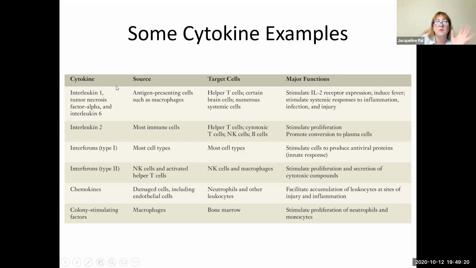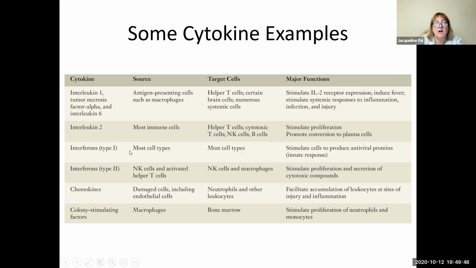Just in these first 2 lines, we had interleukin 1 making helper T cells make more interleukin 2 receptors, and then these same cells that produce interleukin 1 can also produce interleukin 2. And now we have a bunch of interleukin 2 receptors on the helper T cell. So we have a lot of it telling that helper T cell to make clones of helper T cells. So that's really kind of a cool effect.